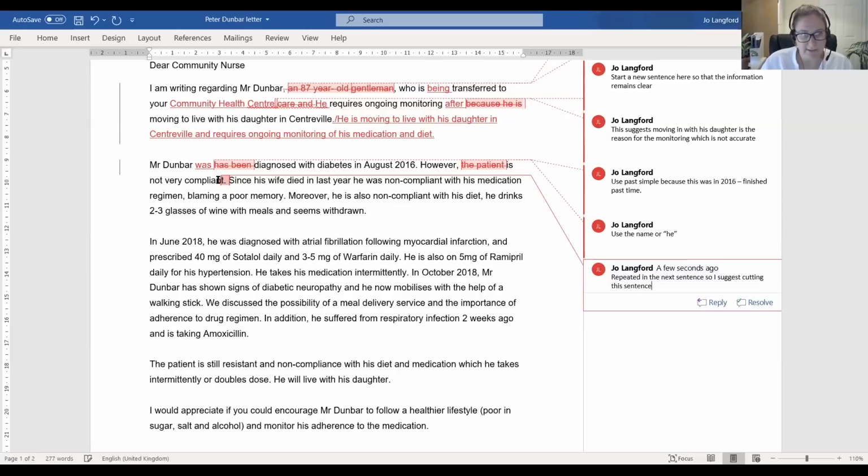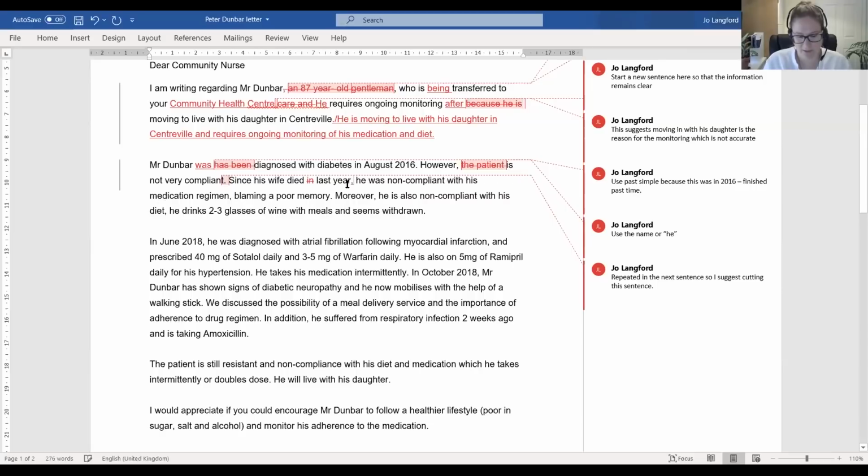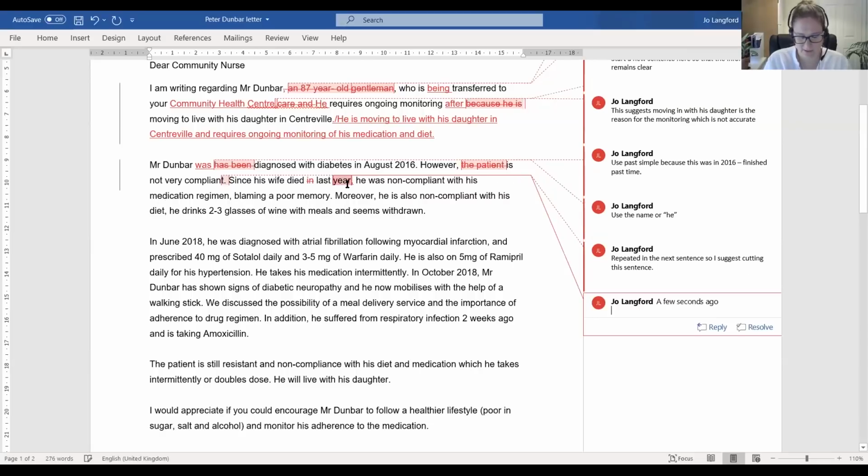Okay. Now, since his wife died in last year, no preposition with last year. So since his wife died last year, we need a comma here. Okay, so I might write a little suggestion here. Don't forget commas after time referencing.